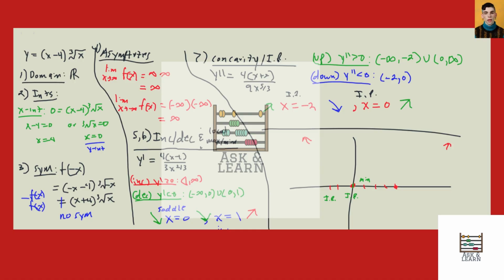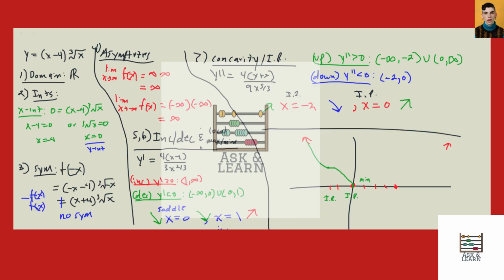Now, to the left of x is equal to -2, the function should be concave up. So I'm just going to start at this point here, and it should be concave up, something like this. And after this point, the function needs to be concave down until we hit our next point of inflection, which is our origin. And we know at that point it needs to have an infinite slope, like we do there.